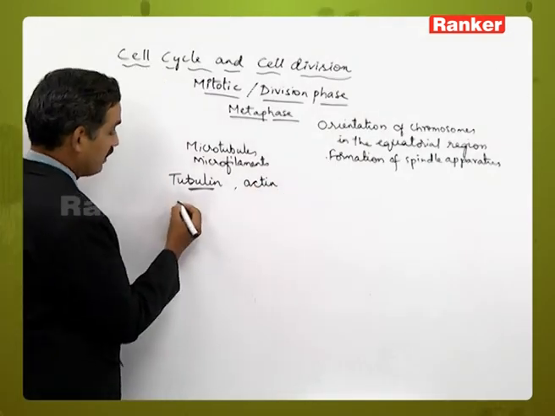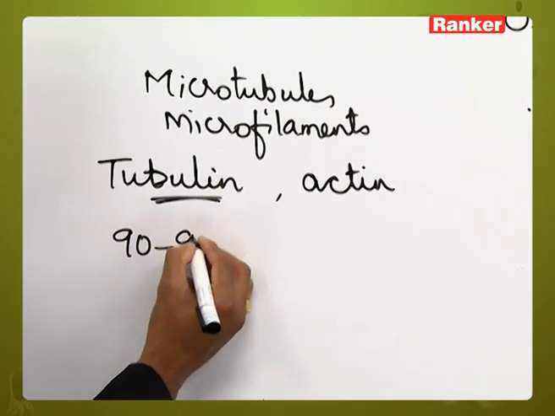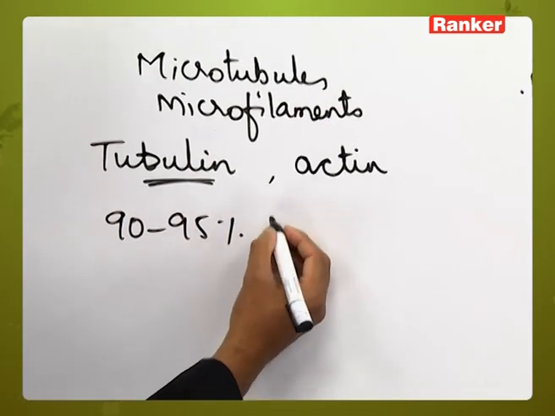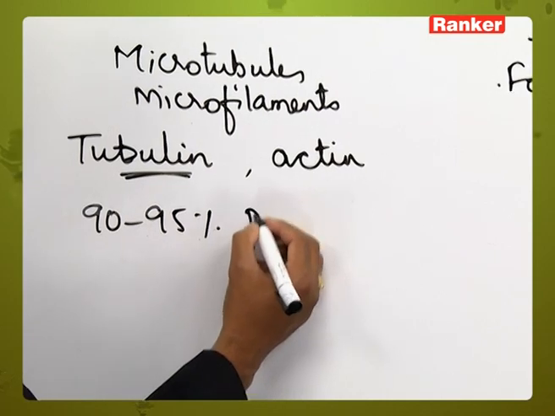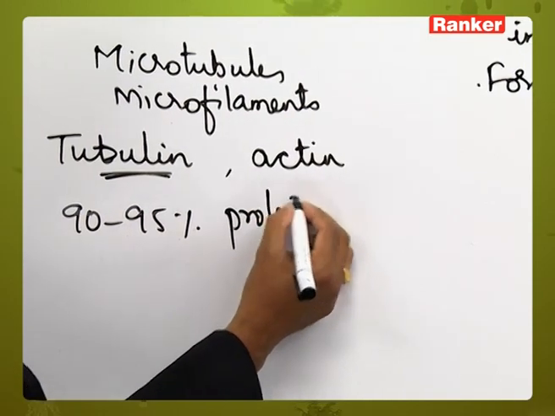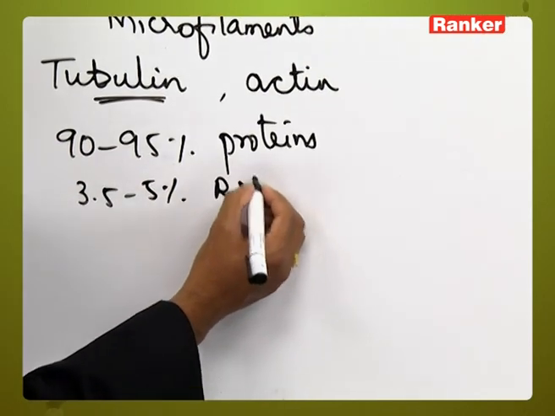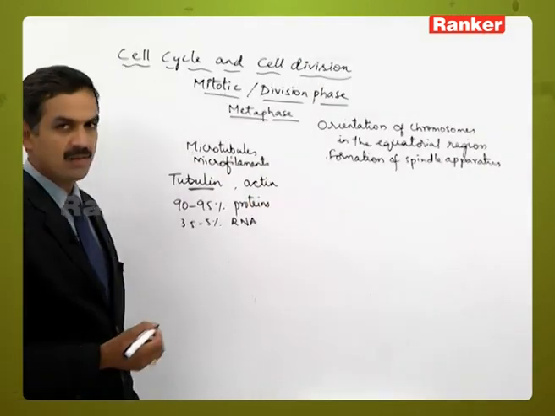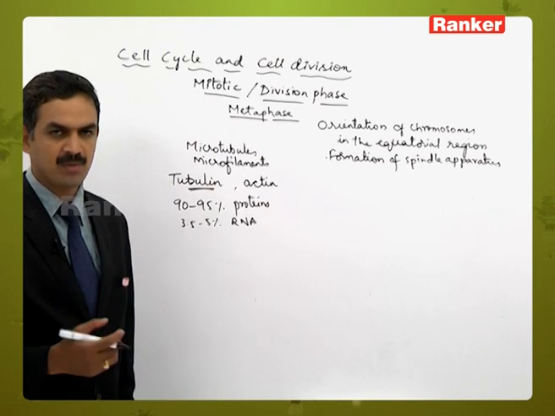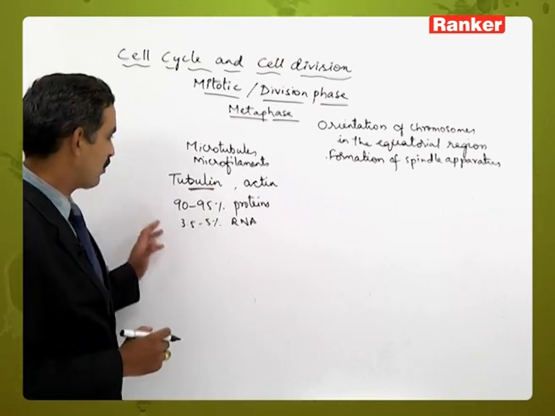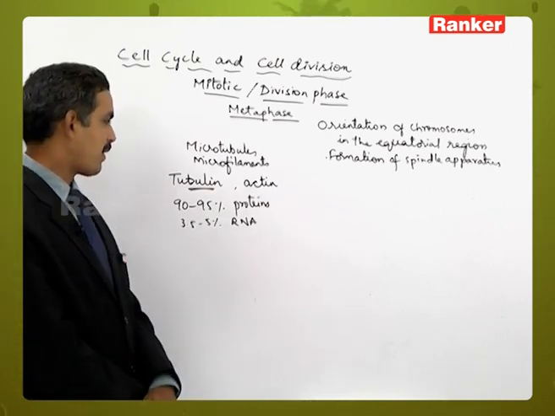So here nearly 90 to 95% of the spindle fibers is made up of proteins, and 3.5 to 5% is made up of RNA molecules, and traces of other elements like lipids and some other organic substances are also there. But the major constituent is protein.